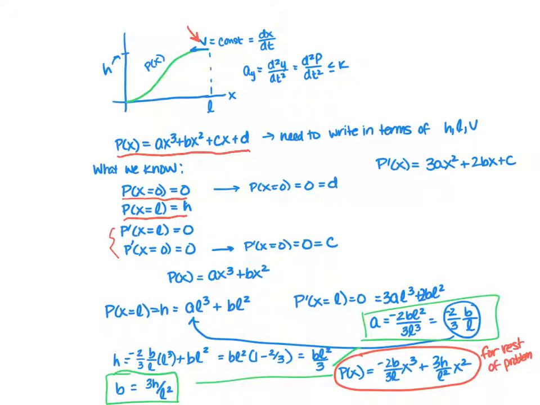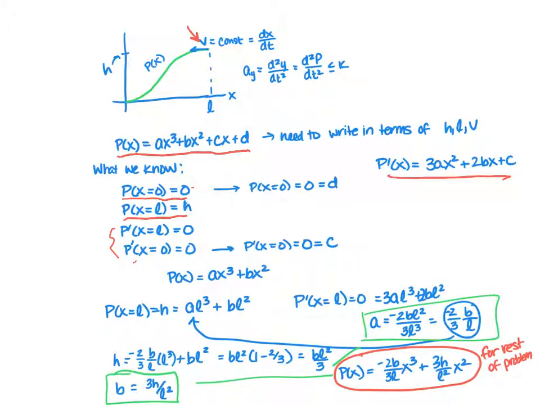If we use this first condition and plug in x equals 0, the first three terms disappear and all we're left with is d. So we learn that d is 0. And if we're smart, we go down here to look at the slope at x equals 0. When we take the derivative, we get 3ax squared plus 2bx plus c.